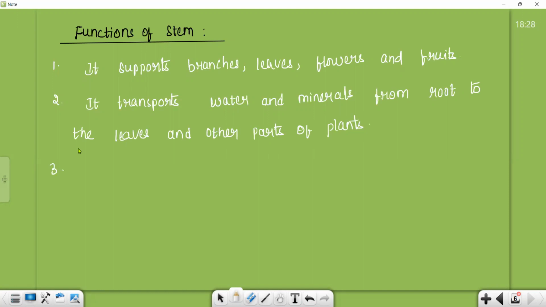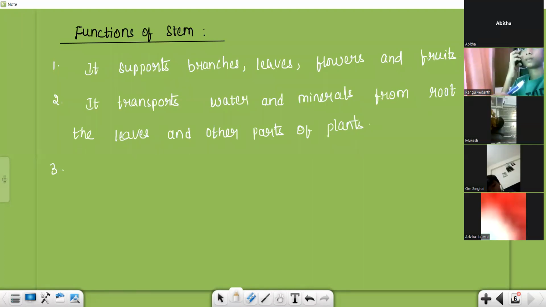Okay. Next function. Generally, water is transported from roots to leaves. Then, which part prepares food? Leaves. So the leaf prepares food. But the entire plant like stem, roots, everything needs food. So it transfers food from leaf to different parts of the plant. Okay.